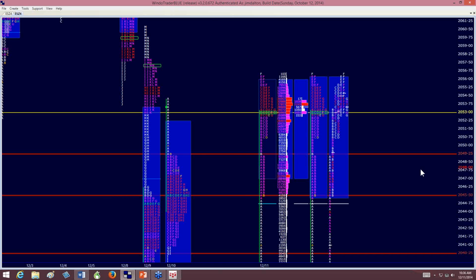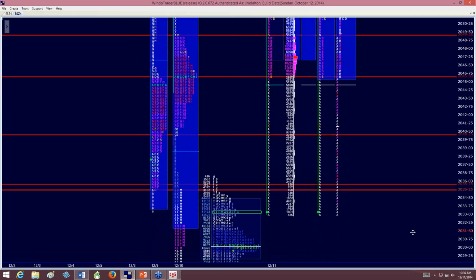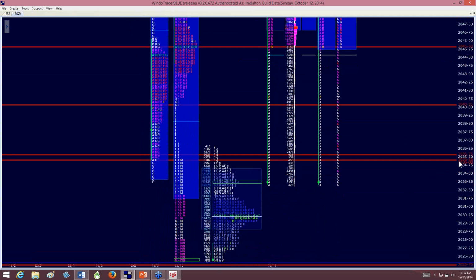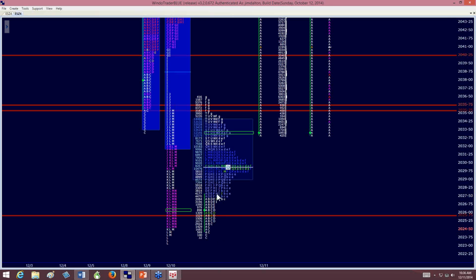So we came in today. One of the final chat comments this morning was the 2035.25 was our key reference, and we said that a strong response would be to immediately trade above that. We also pointed out, to be fair, the overnight inventory was 100% long, and we know that the odds are that overnight inventory is corrected about 35% of the time.